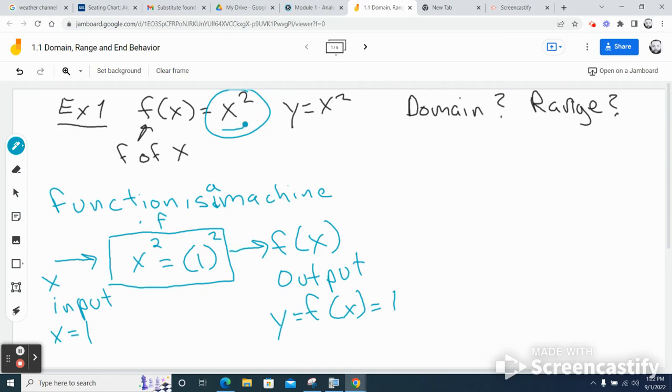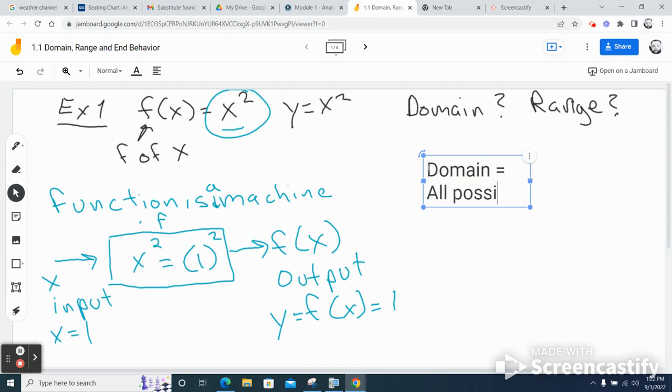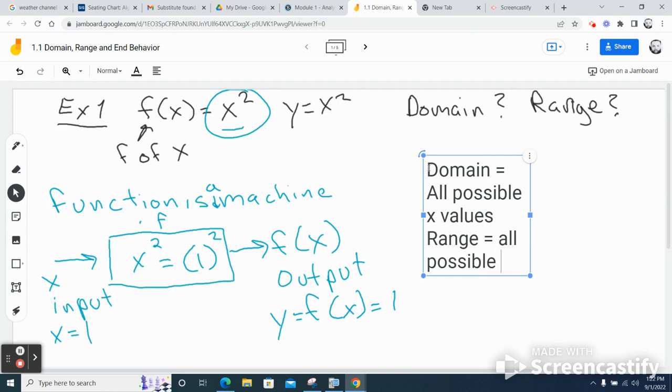Okay? All right. So the domain, and I'm going to type this so you guys can see it. They're asking us to find the domain, but the domain is all possible x values, and the range is all possible y values.